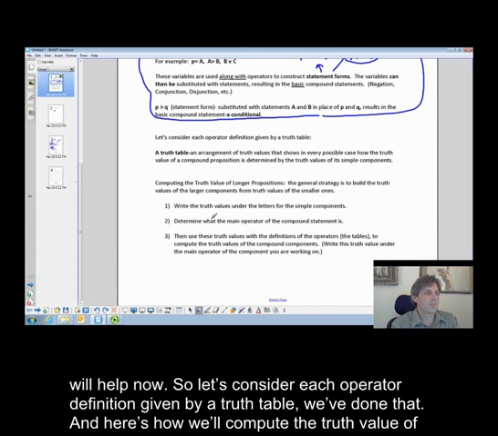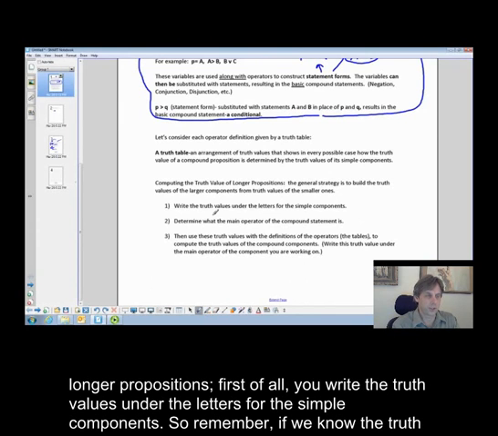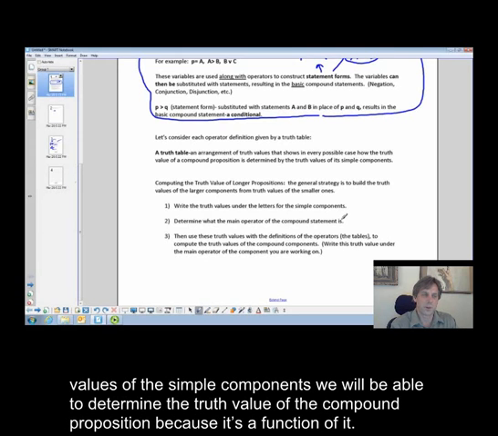And here's how we'll compute the truth value of longer propositions. First of all, you write the truth values under the letters for the simple components. Remember, if we know the truth values of the simple components, we will be able to determine the truth value of the compound proposition, because it's a function of them.